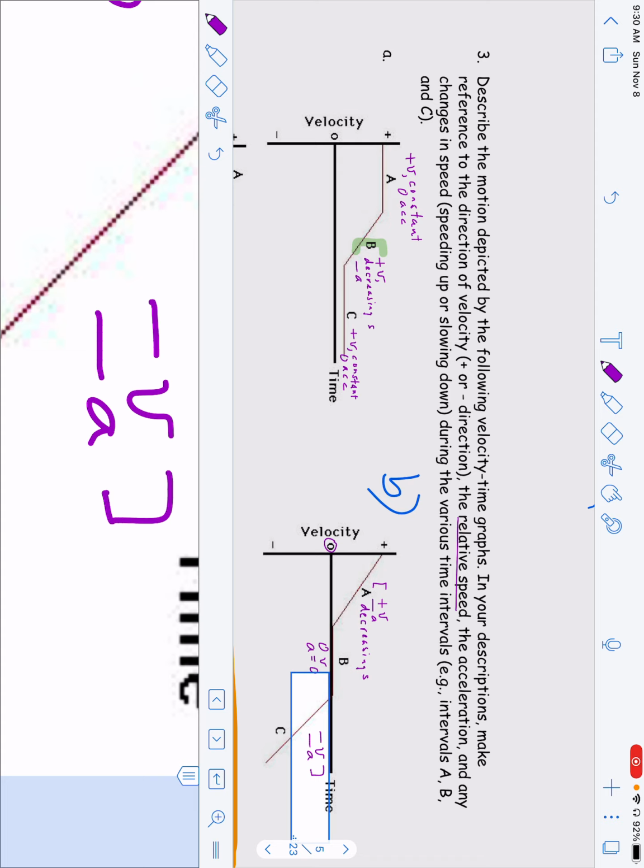Two negatives help each other, so the speed is increasing because it's getting further away from zero, like from -1, -2, -3, -4. Those are getting bigger in magnitude. That's kind of confusing to some people. But if that's confusing, just look at the signs. If the signs are the same on V and A, the speed has to be increasing.